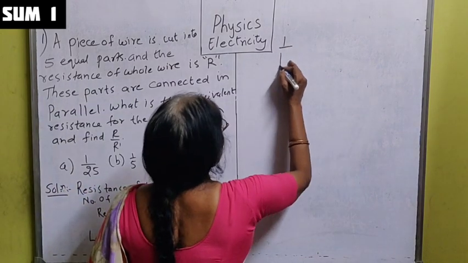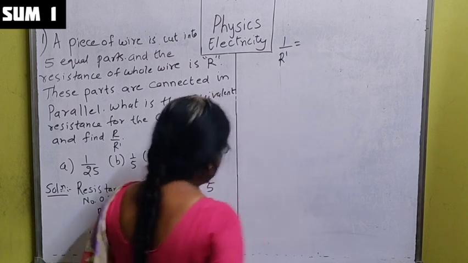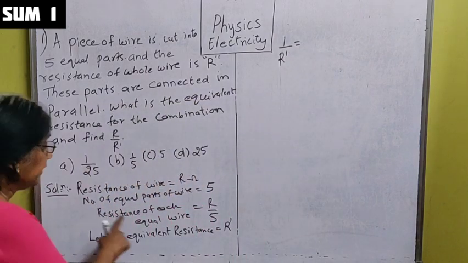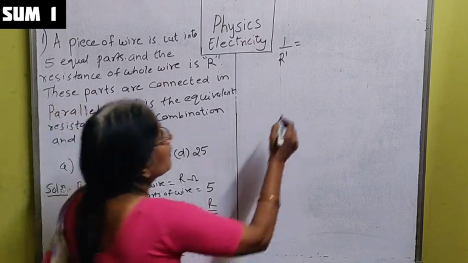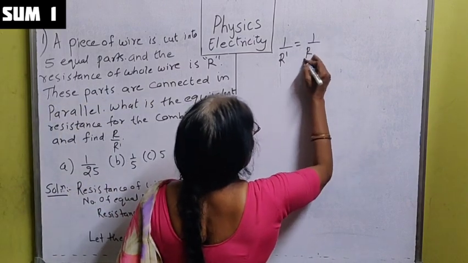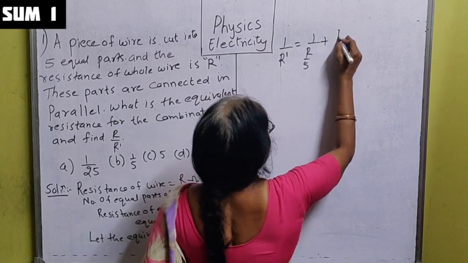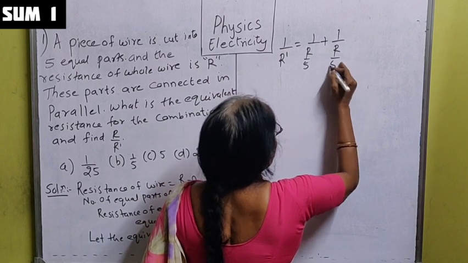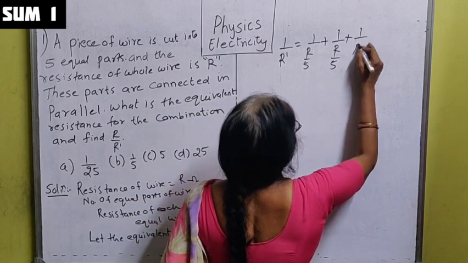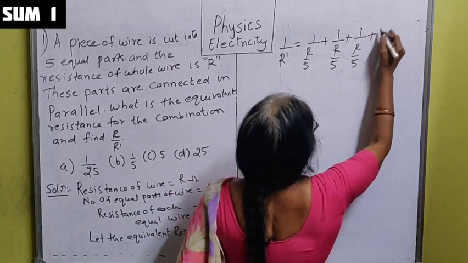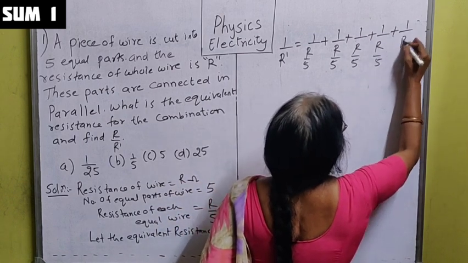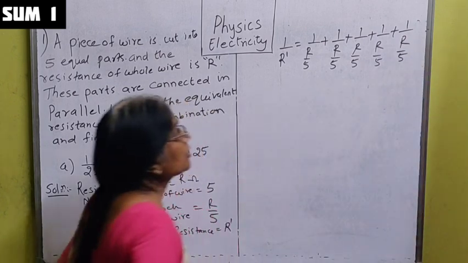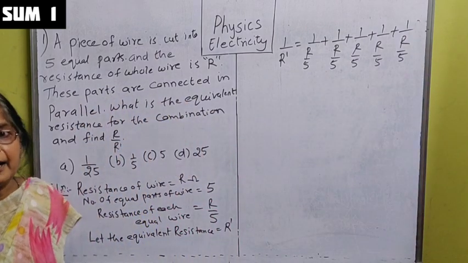So, 1 by R dash is equal to, each wire resistance is R by 5. It is parallel. So, it will become 1 by R by 5 plus 1 by R by 5 plus 1 by R by 5 plus 1 by R by 5 plus 1 by R by 5, because it is divided into 5 equal parts.